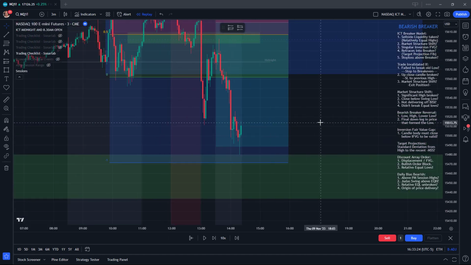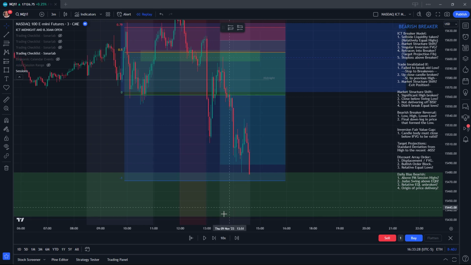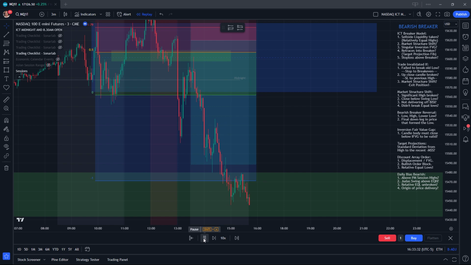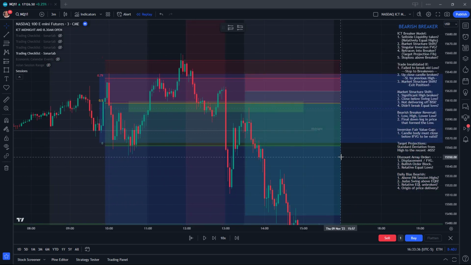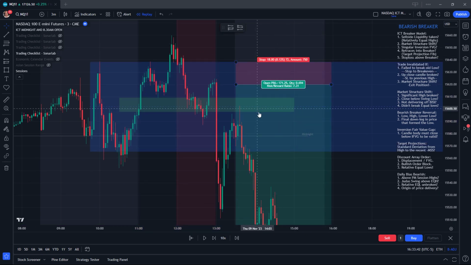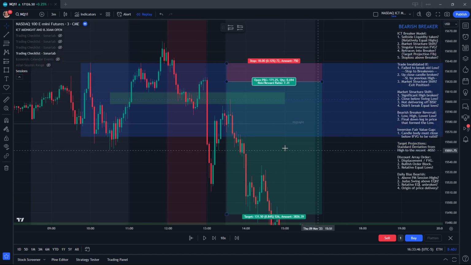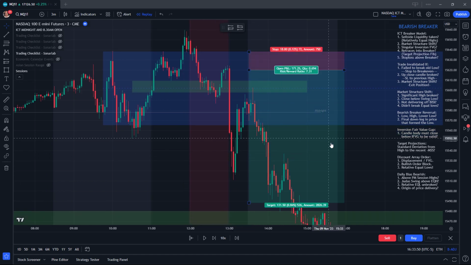The target lines up with the 4-hour fair value gap. Ooh, does it get it? Yeah, okay, it does. So there are going to be times like this, but I think at least you could have the consolation prize of knowing that you were able to read the market.